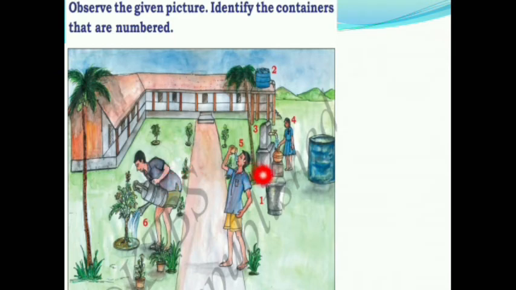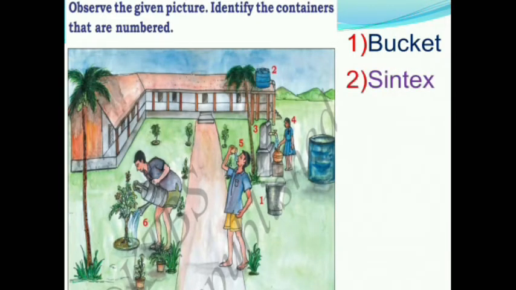See the first number. Look at this picture. What is this? Yes, bucket. Where is the second number? Yes, here. What is this? Yes, syntax. See the third number. What is this?